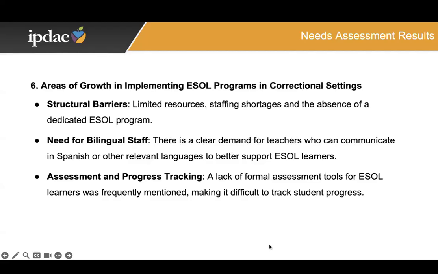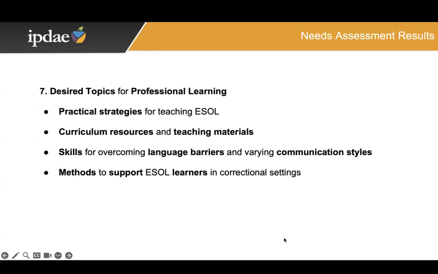But even with structural barriers, we can potentially point to resources that course participants can utilize in order to provide greater resources in their programs, as well as advocating for a dedicated ESOL program. Desired topics for professional learning: practical strategies for teaching ESOL, curriculum resources and teaching materials, skills for overcoming language barriers and varying communication styles, methods to support ESOL learners in correctional settings.